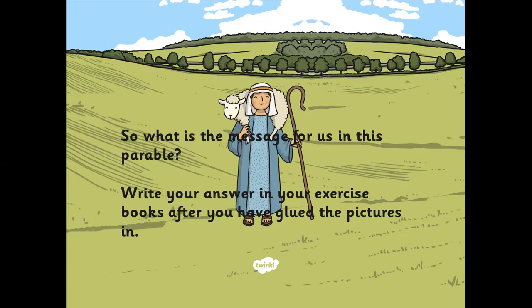God is a loving and forgiving Father, just like the shepherd in our story, who cares about every one of his children. So remember, children, just like the shepherd, God cares about every single one of us, just as the shepherd does about his sheep. He wants us to make the right choices and join his family.